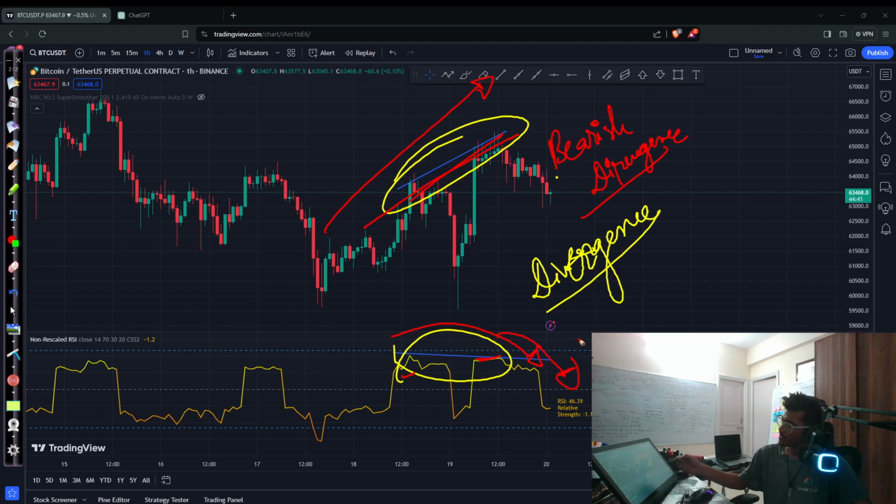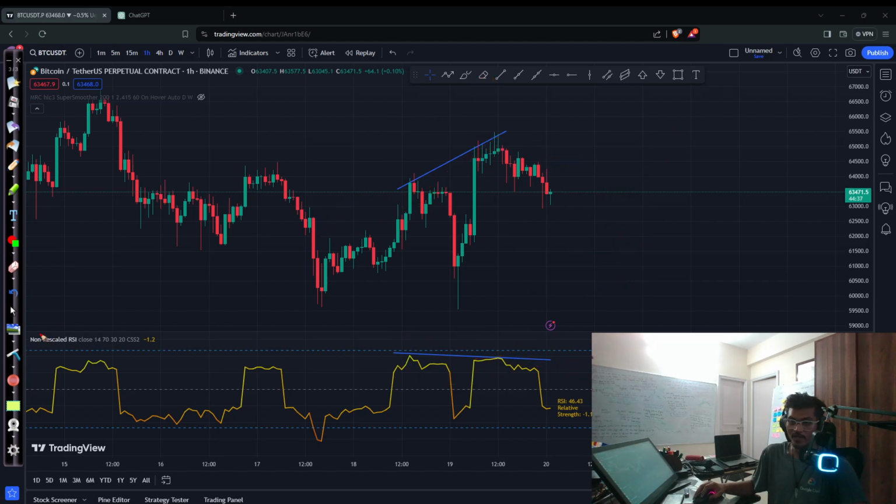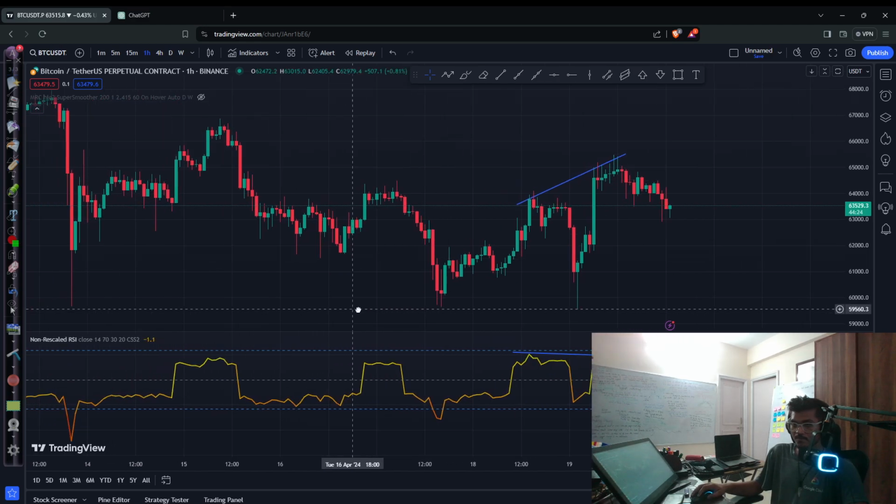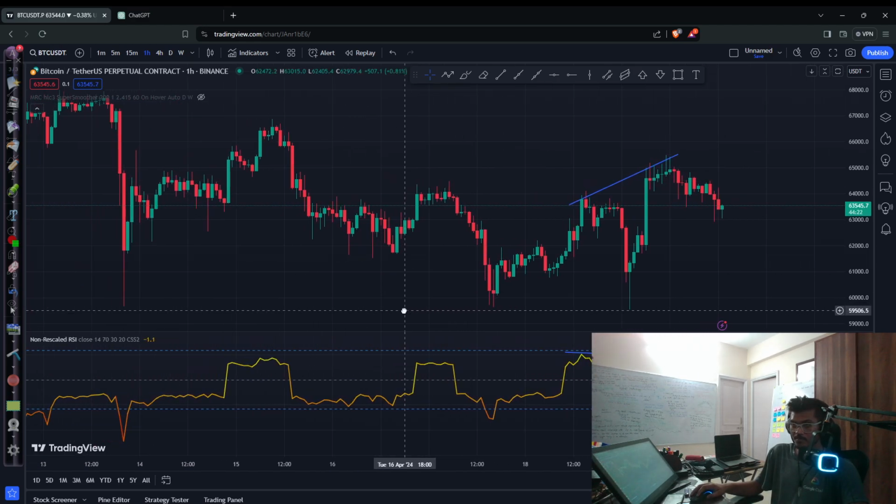So in this case, the indicator was right, but it doesn't happen all the way. Sometimes price is right as well. We have to find the balance between that, and that's how we make money basically. So keep that in mind.